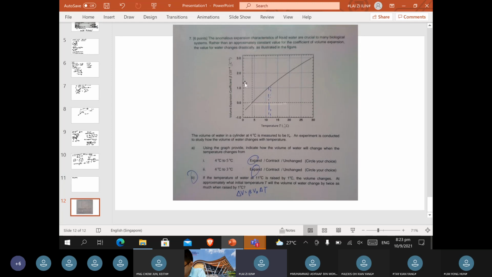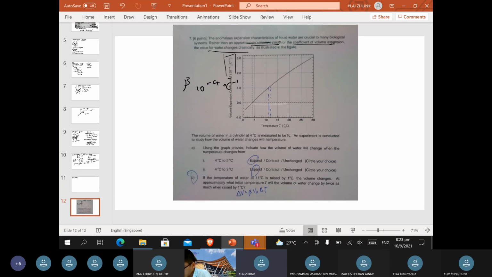Okay, so let's look at the question together. The anomalous expansion characteristics of liquid water are crucial to... Rather than an approximately constant value for the coefficient of thermal expansion, it increases drastically. So this is the volume expansion coefficient. First, bear in mind this graph is in 10 to the power minus 4.